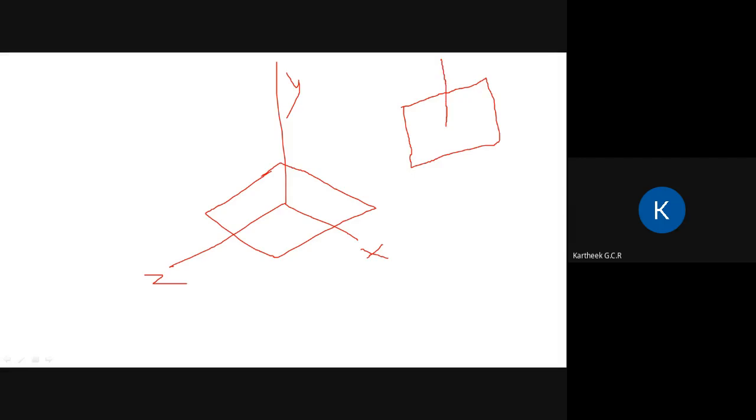You have this object. This was x, y, and z. Now you are rotating it, right? So if you rotate it like this, basically, x-axis would be this, y-axis would be this, and z-axis would be this.